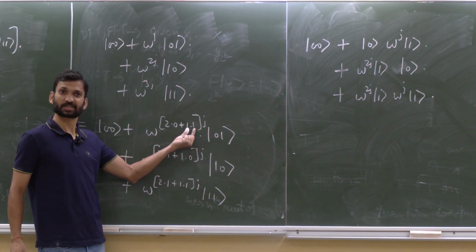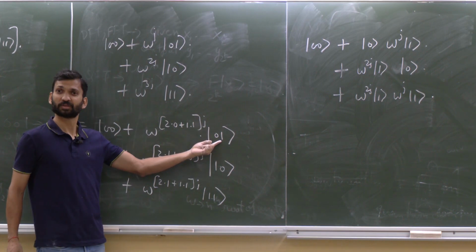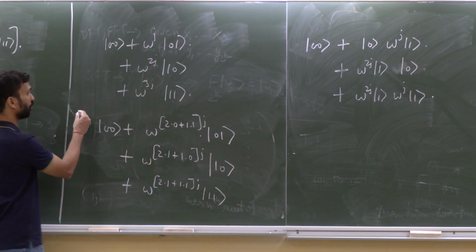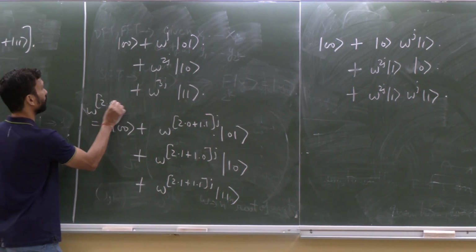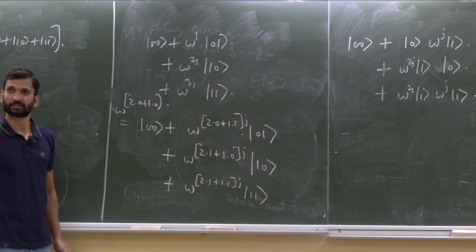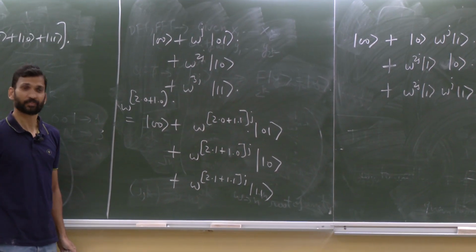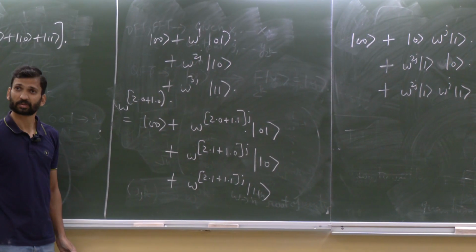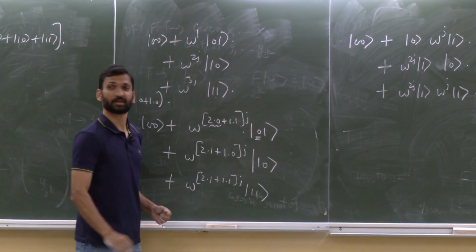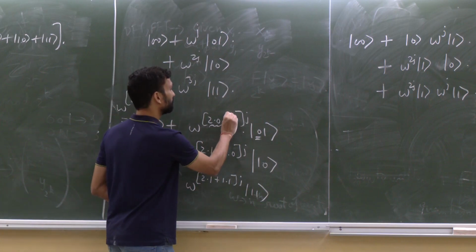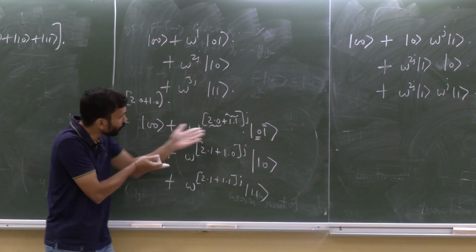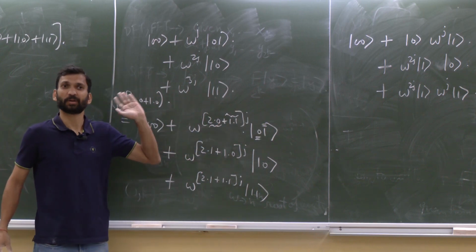This part of the phase is coming because of this 1. Everywhere this is true, right? If you want to write it, sorry, I should write like this. Right? So this part is actually associated with this part. This part is associated with this part. So I'm just distributing that phase to that part.